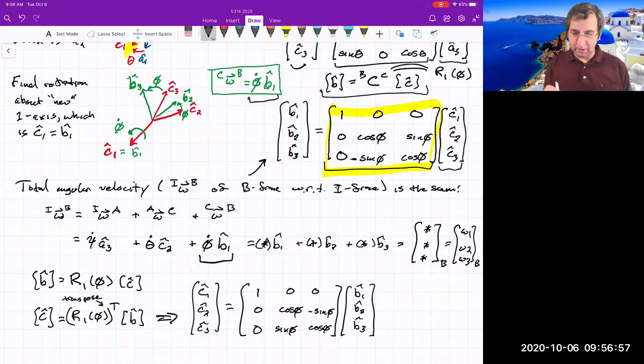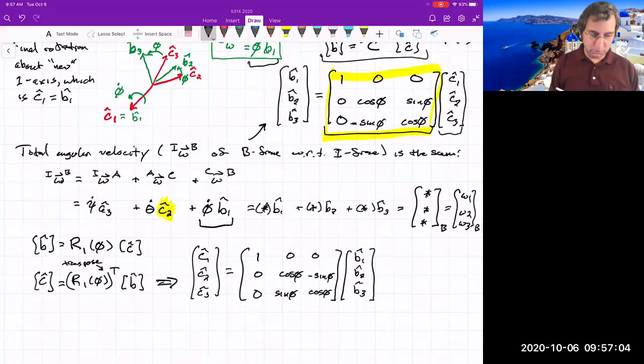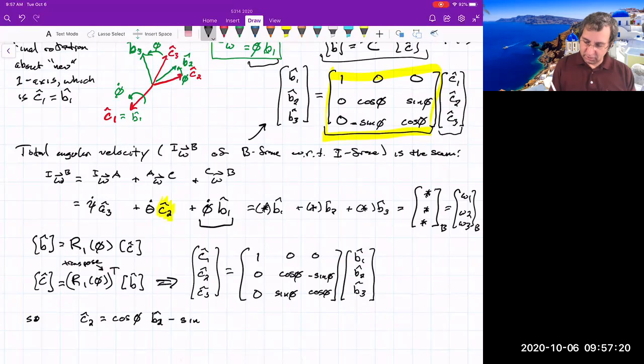Okay, so from this, I want to solve for the C2 direction. From matrix multiplication, C2 equals cosine phi B2 minus sine phi B3.